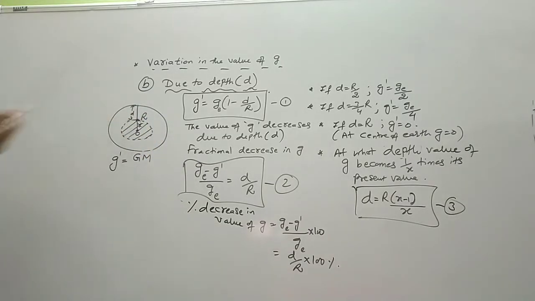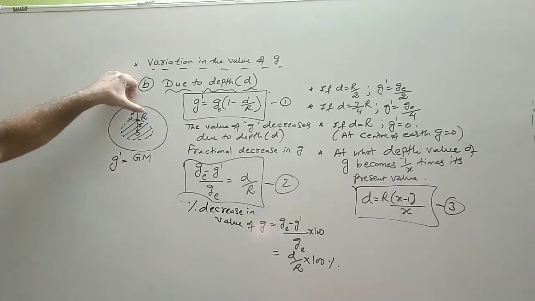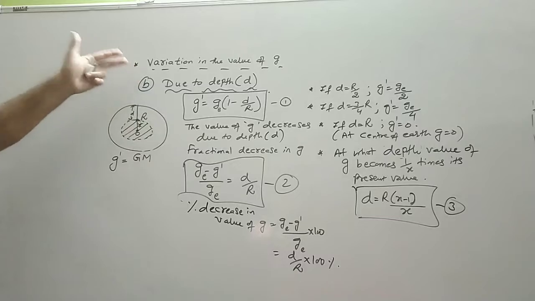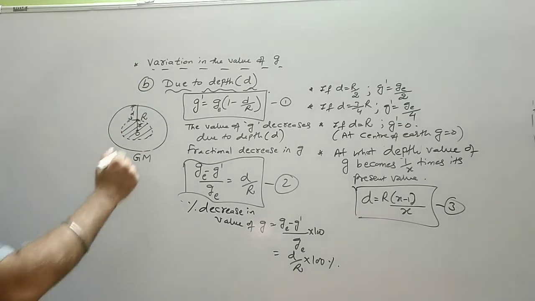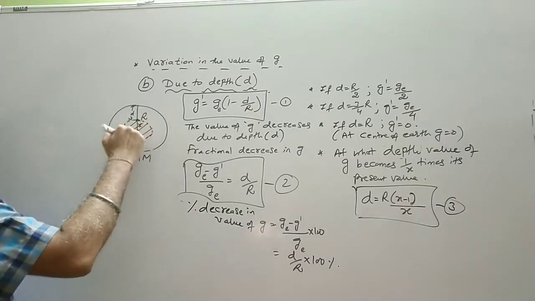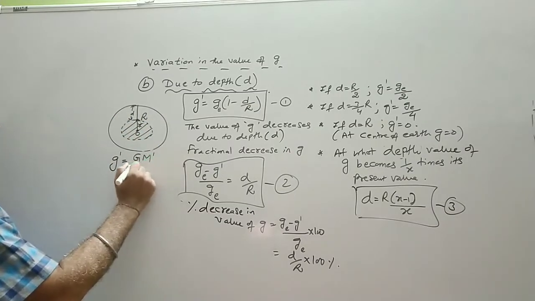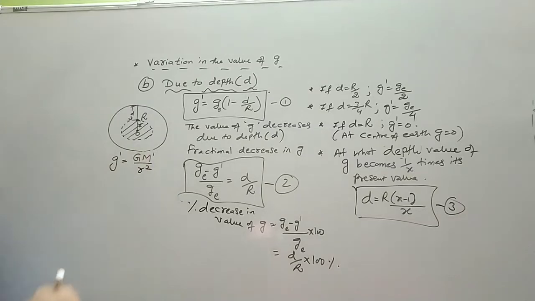You have to take the mass only for the shaded portion, because inside the hollow sphere or inside the concentric shell, the gravitational pull is 0. So we take the mass of this shaded portion to be m dash upon r square. This is how we write the general formula for small g.